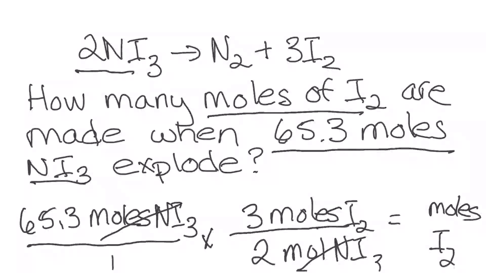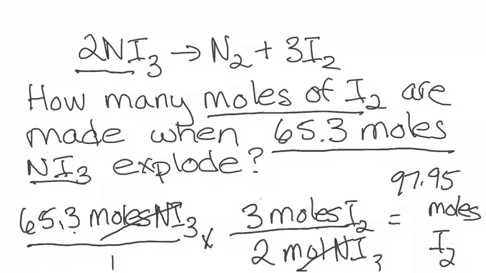So now I need to get out my calculator. So I'm going to do this on my computer here. And I'm going to take 65.3, multiply by 3, and divide by 2. And I get 97.95 moles of iodine. But I have to remember significant figures. And I have 3 significant figures here.